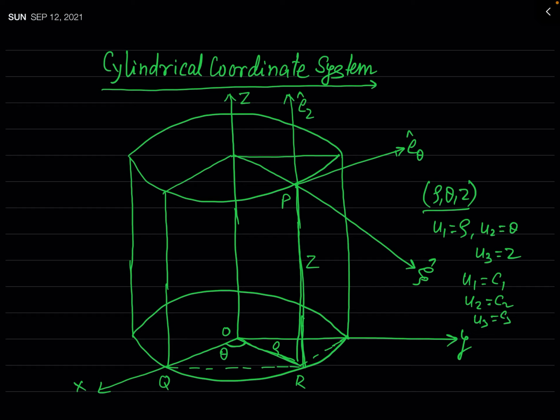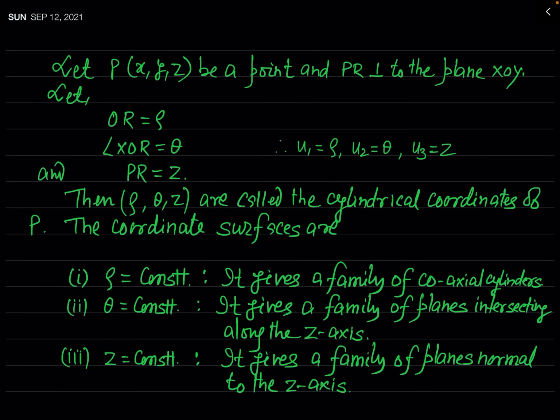Similarly, here there will be three coordinate surfaces: rho equal to constant, theta equal to constant, and z equal to constant. I have mentioned it here that rho equal to constant actually represents a family of coaxial cylinders.